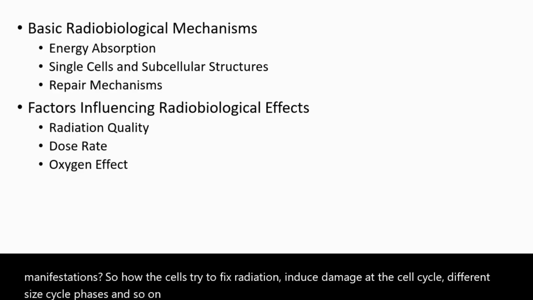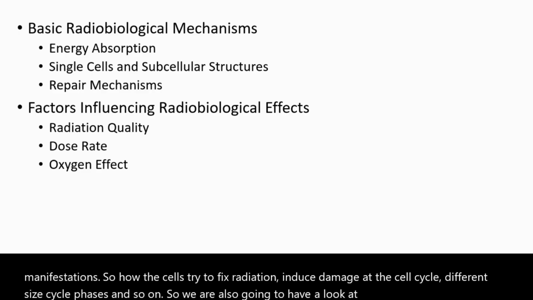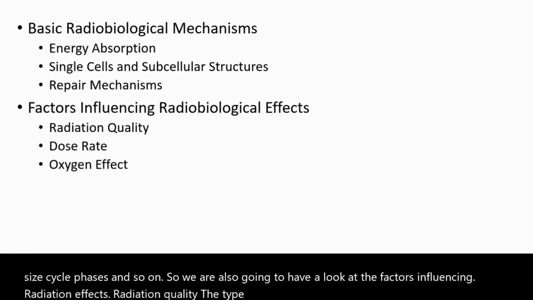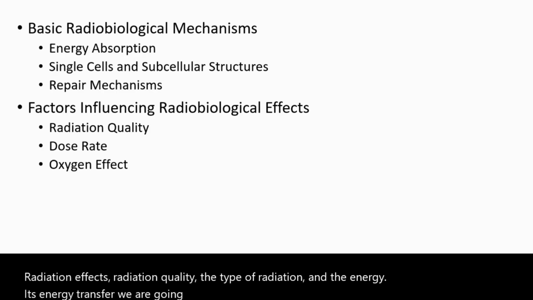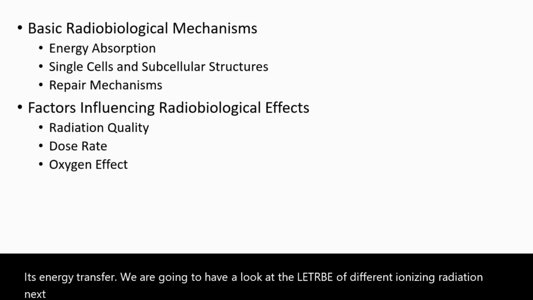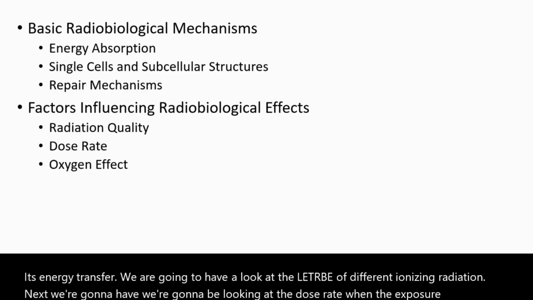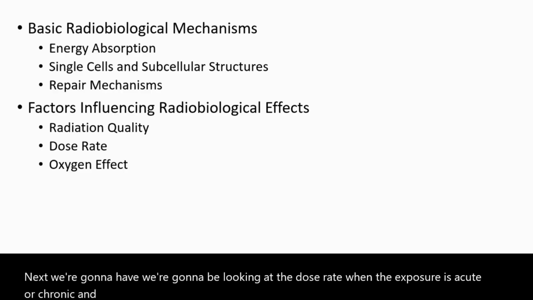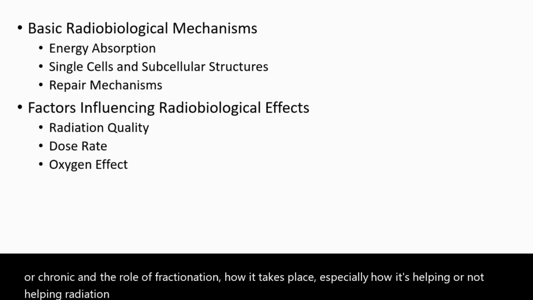So we are also going to have a look at the factors influencing radiation effects: radiation quality, the type of radiation, and its energy transfer. We are going to have a look at the LET and RBE of different ionizing radiation. Next, we're going to be looking at the dose rate, whether exposure is acute or chronic, and the role of fractionation, how it takes place, especially how it's helping or not helping radiation therapy planning or the treatment of cancer using ionizing radiation.